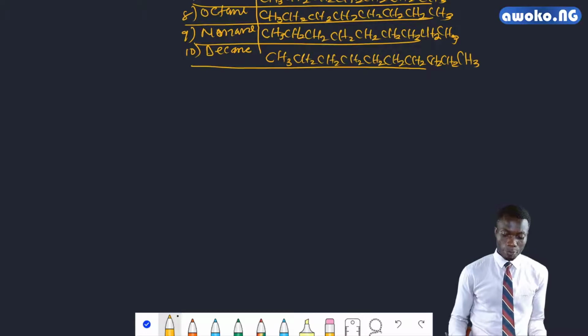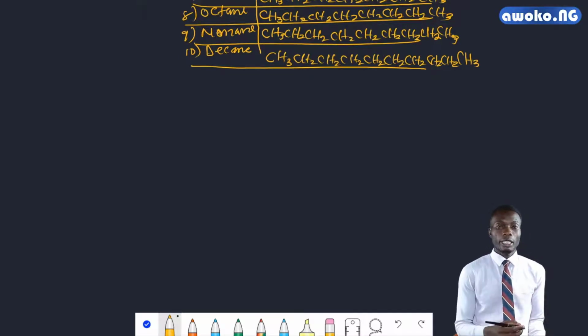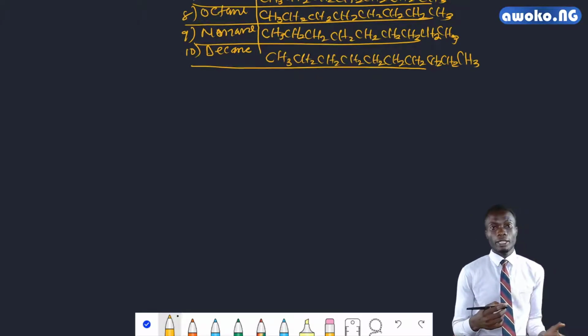Now, another important thing we are going to discuss is the alkyl groups. We are discussing this because it will give us a foundation in nomenclature. To be conversant or good at naming alkanes, which is our next topic, we should familiarize ourselves with alkyl groups.